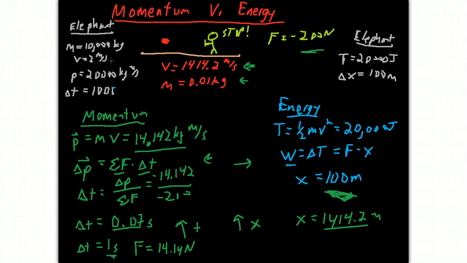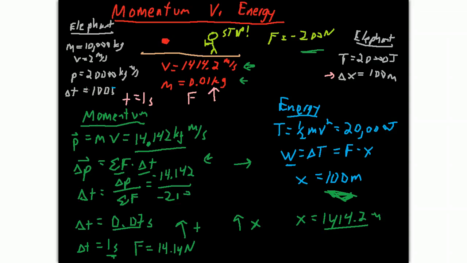For the elephant, it would be a somewhat different story. You want to take a second to stop the elephant? All right, you can do that. The difference, though, is if you take 1 second to stop the elephant, so if I say t equals 1 second here, that's great, except that the distance will actually drop by quite a bit if you're only taking 1 second to stop the elephant, but the force needed will shoot up.